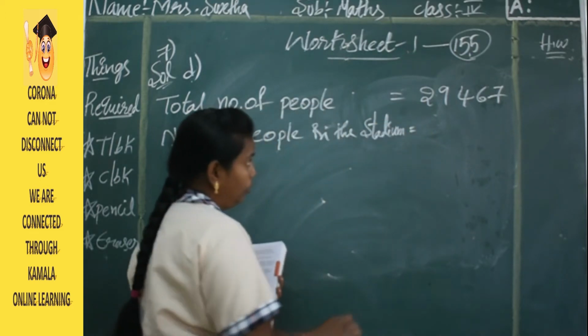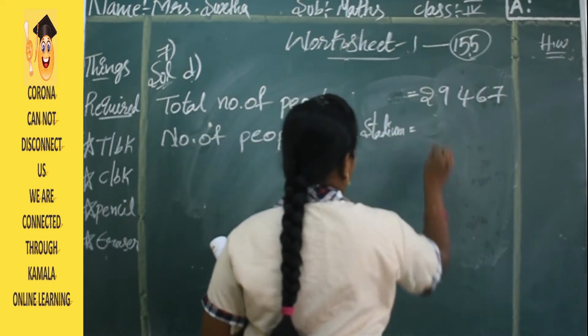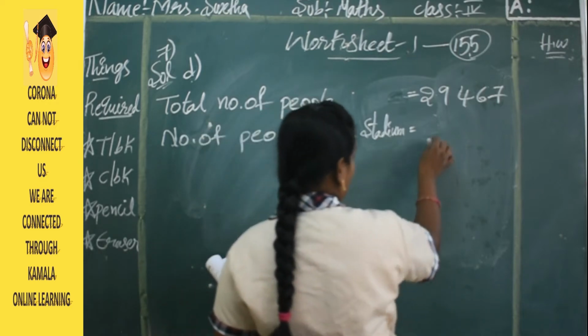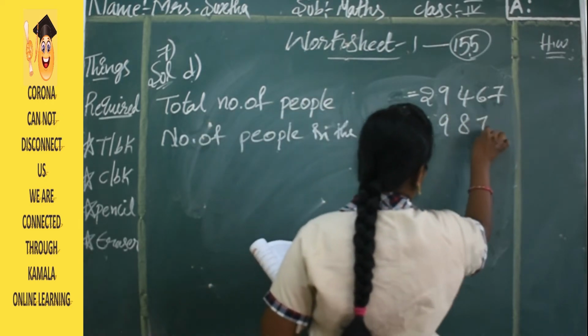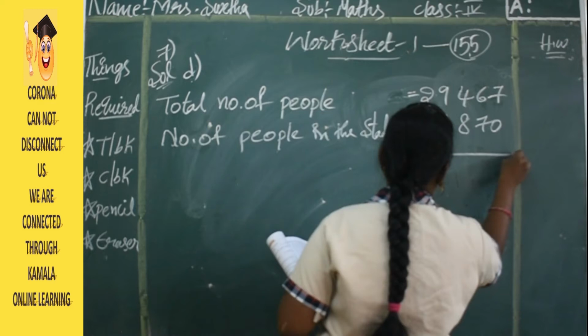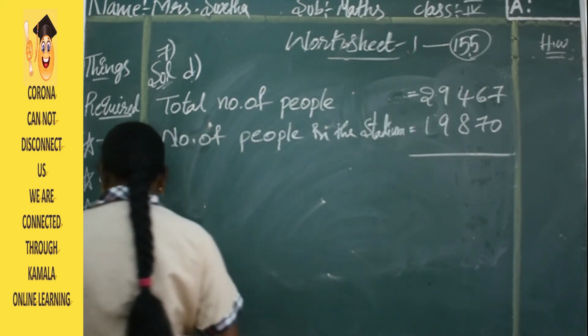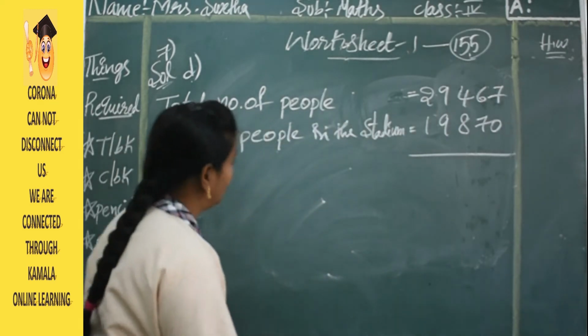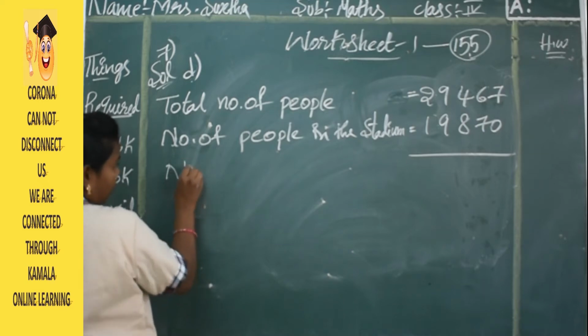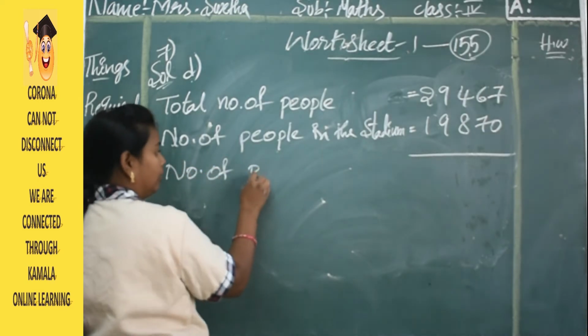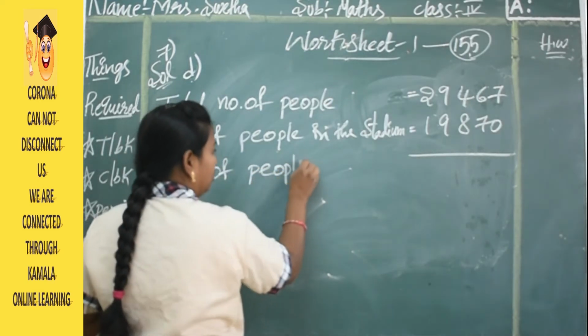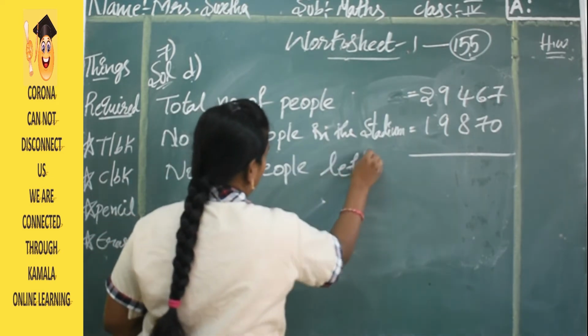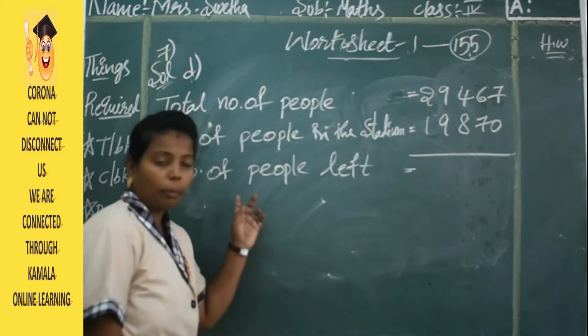So in the stadium, how many people are there till last? There are 19,870 members. So you have to find how many people left. Number of people left without watching the match.